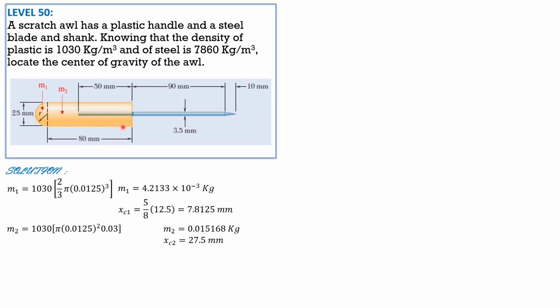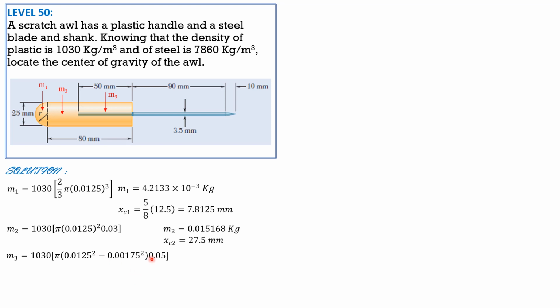M3 would be this right circular cylinder made of plastic less the volume of this steel cylinder. So M3 is 1030 times pi times the quantity 0.0125 squared minus 0.00175 squared. The radius of this steel cylinder, half of 3.5, is 1.75 mm, in meter 0.00175 meter.